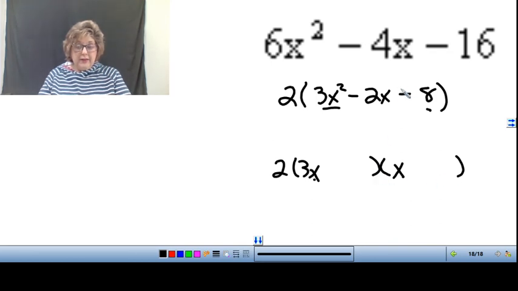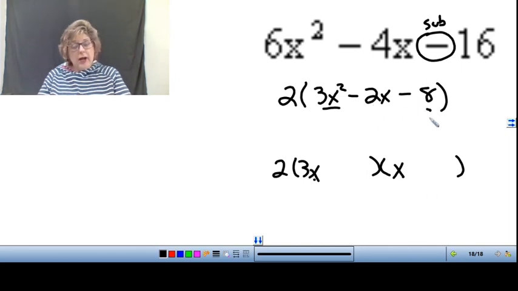And in this case, I have to subtract, because that's telling me I'm going to subtract. So I'm going to subtract the values of 3 times whatever the factors are of 8, and I'm going to get actually a 2. I'm looking right here, okay? So I'm going to make this a 2 and a 4, okay?